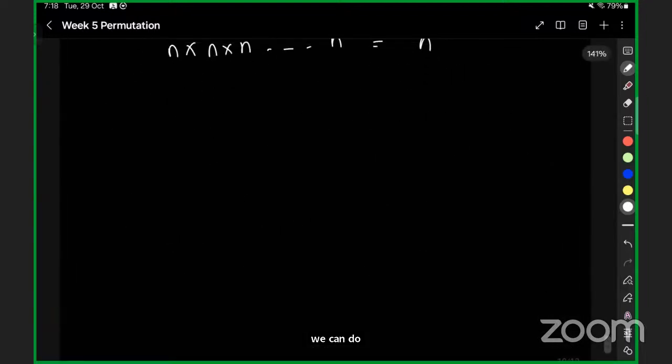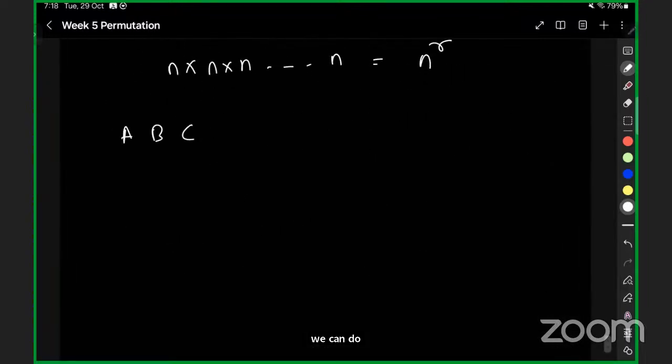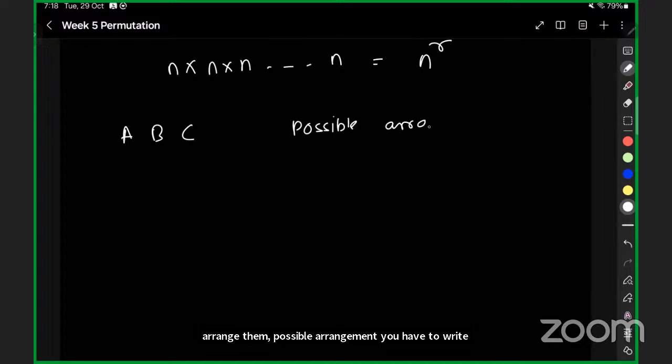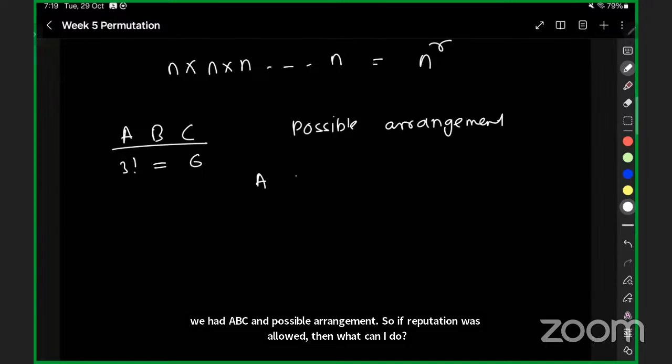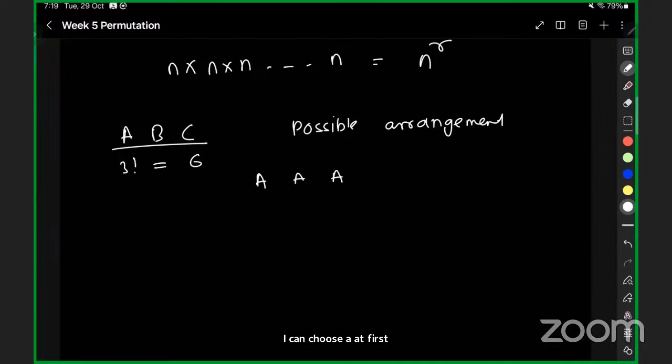For example, let's say you have A, B, C, 3 objects. In how many ways can you arrange them, where repetition is allowed? Previously, when it was not allowed, we did 3 factorial, n factorial, which is 6. If repetition is allowed, I can choose A at the first position, again A, and again A, right?